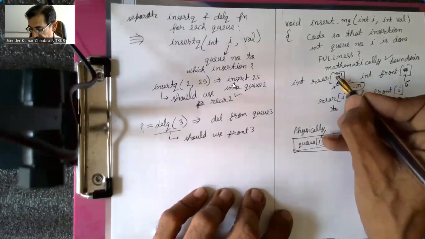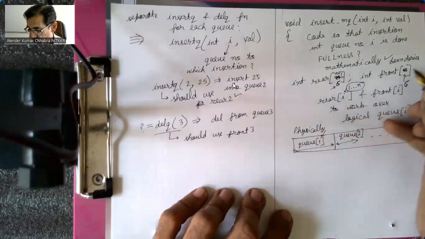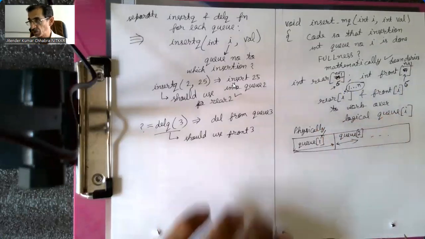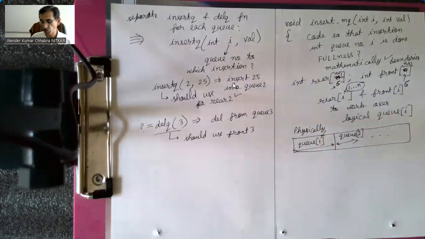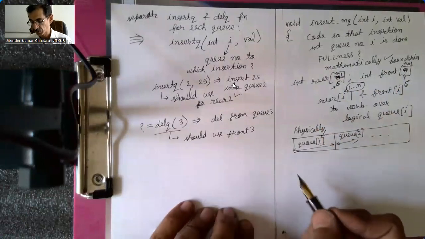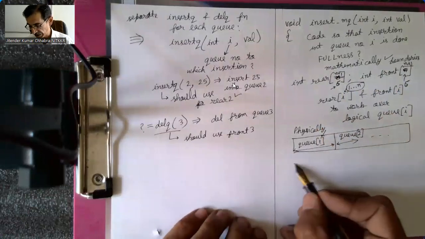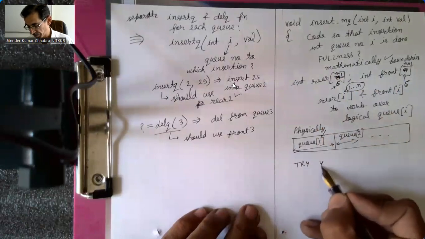So my total array declaration has to be 1 more than n, and that will give you the indexes from 0 to n, out of which you will use indexes 1 to n. I think that much is good enough to tell you, and try to implement it yourself this way.